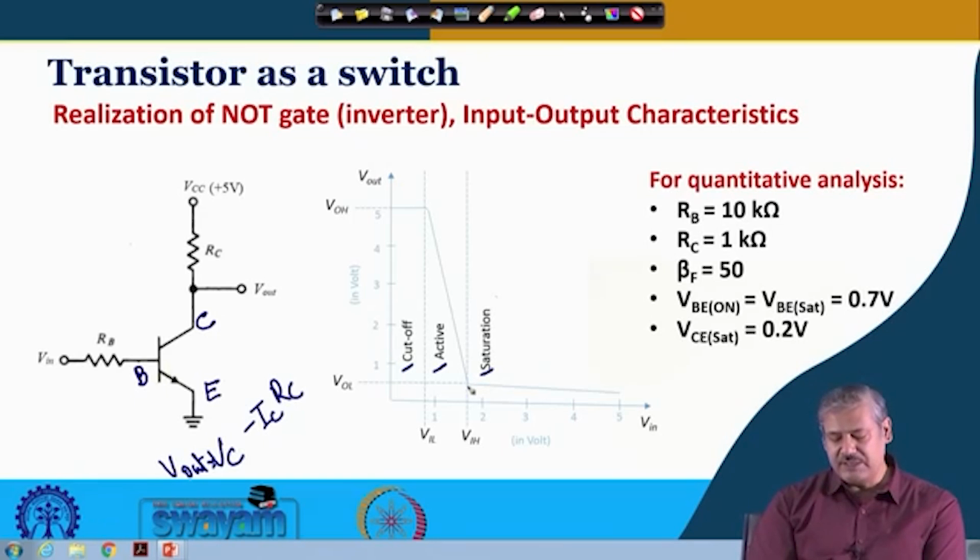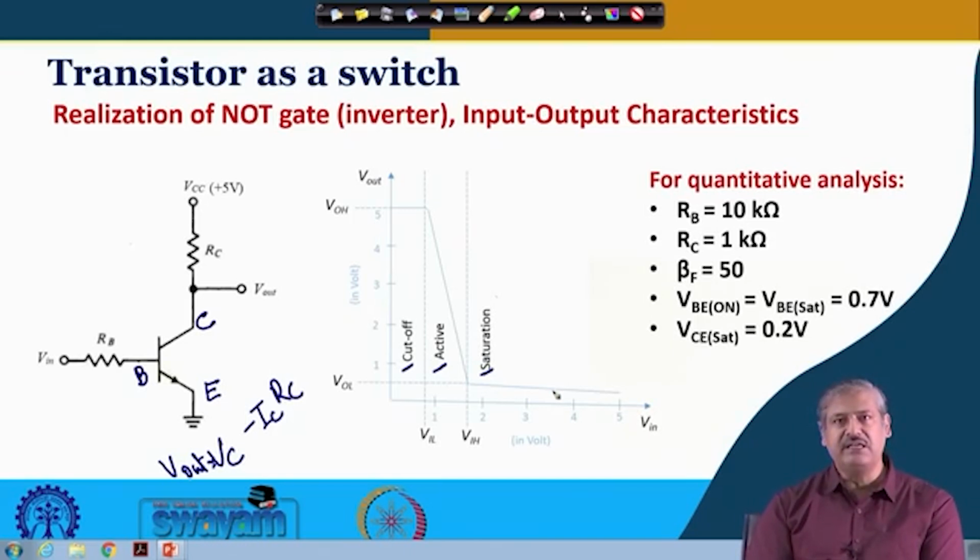At this point, what is the voltage here? It is approximately 0.2 or 0.1 volt, depending on the transistor that you are using. So, that is the minimum voltage at the input side which must be present, after which the transistor will move into saturation.